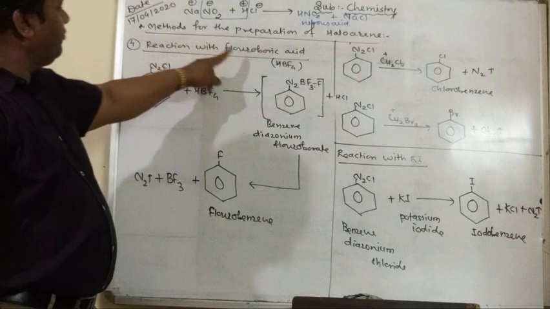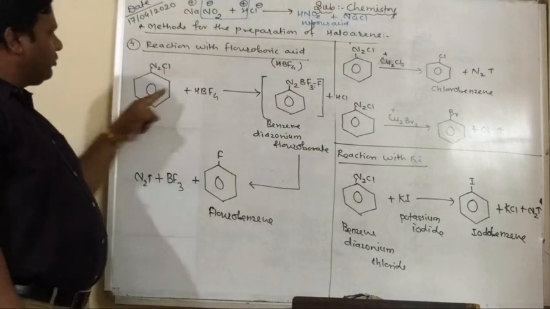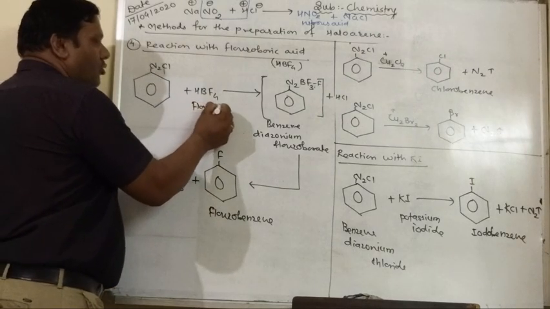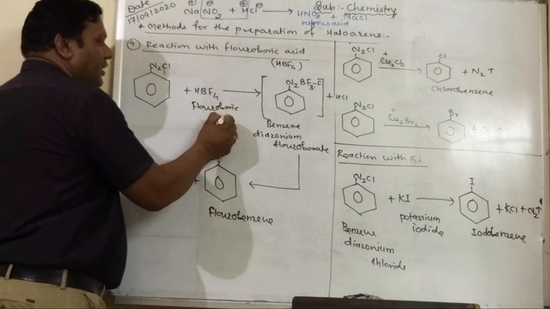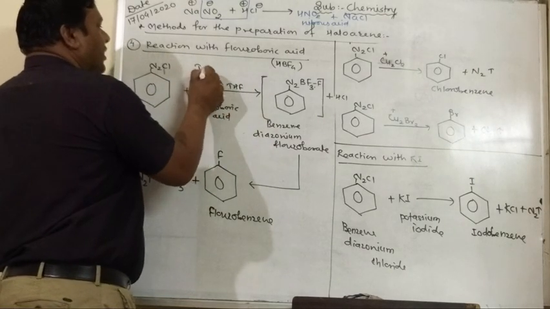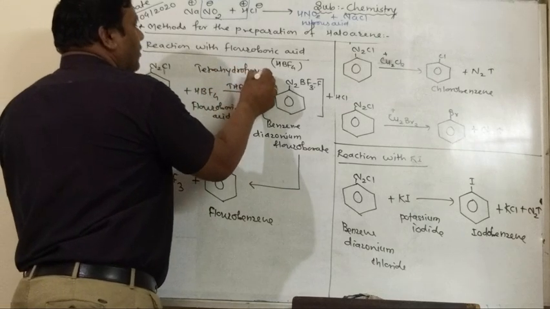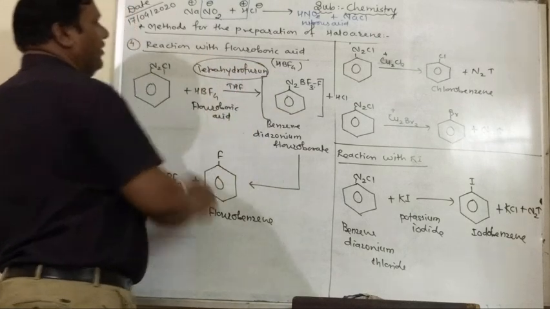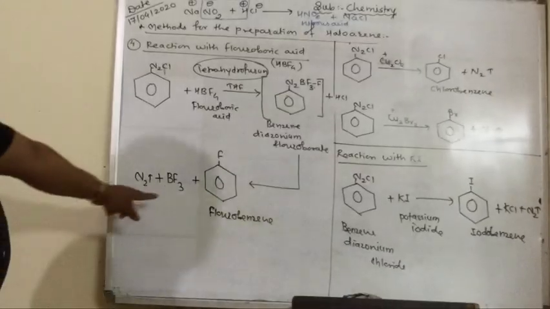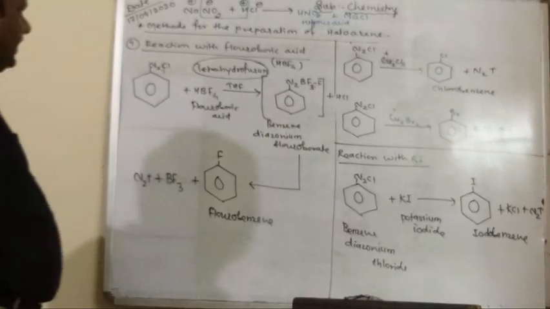When reaction with fluoroboric acid, you get fluorobenzene. Benzene diazonium chloride plus fluoroboric acid in presence of THF, tetrahydrofuran, to get the benzene diazonium fluoroborate, at last it is fluorobenzene and boron trifluoride and removal of nitrogen gas.